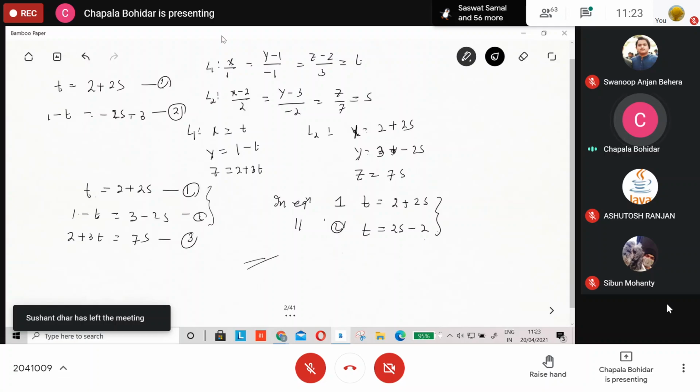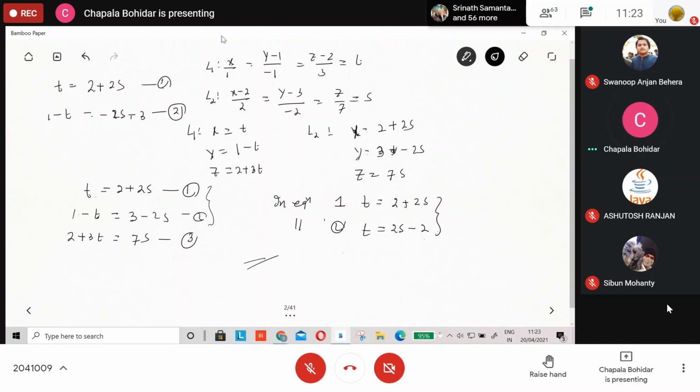Next, 54. Determine whether the planes are parallel, perpendicular, or neither. If neither, then find the angle between them. Question number 54.